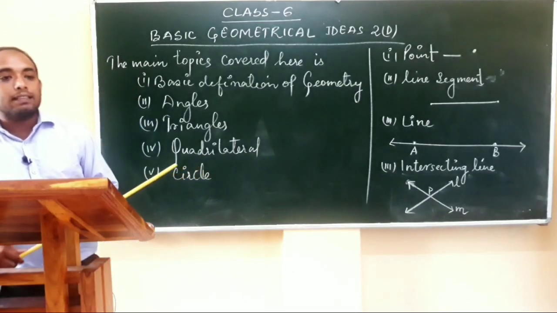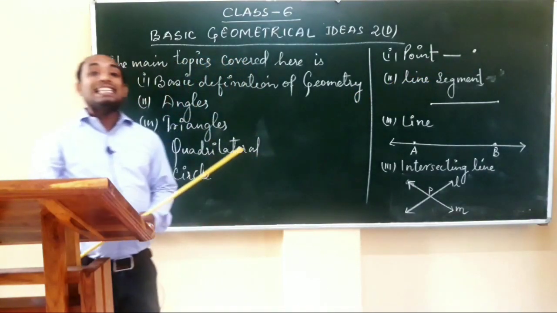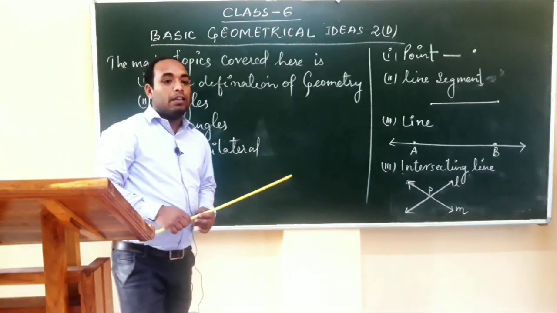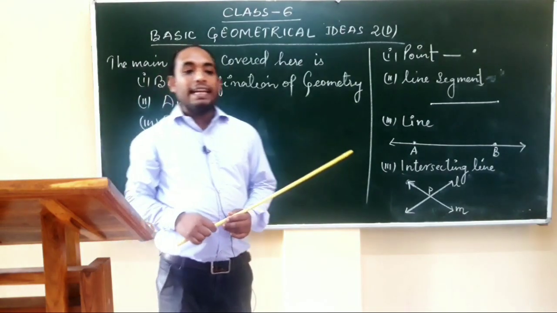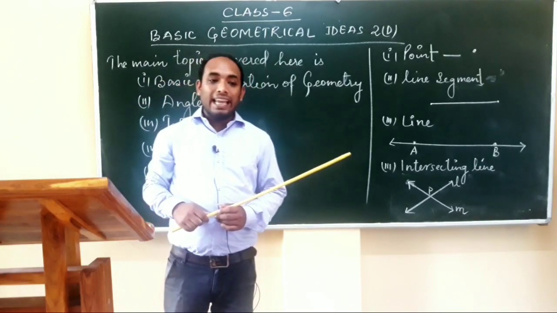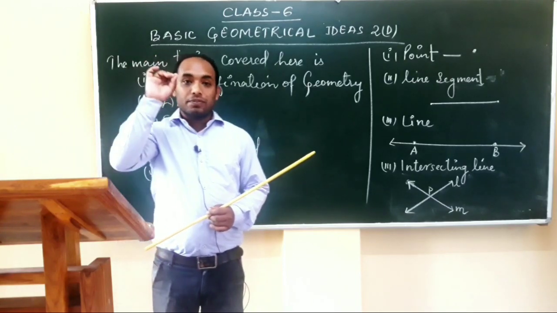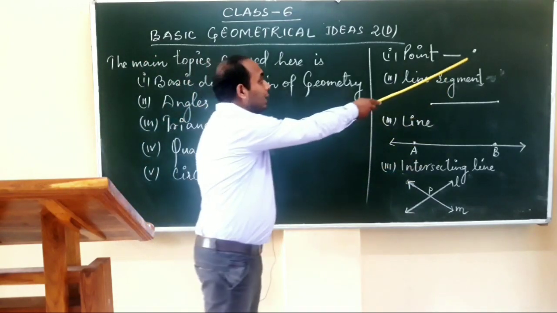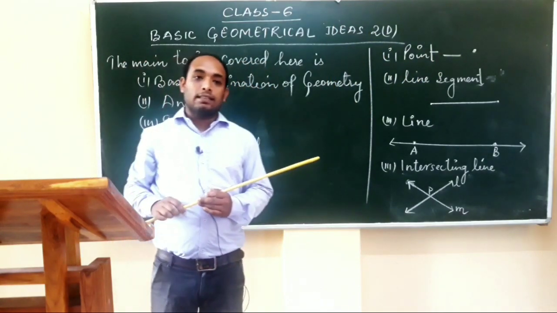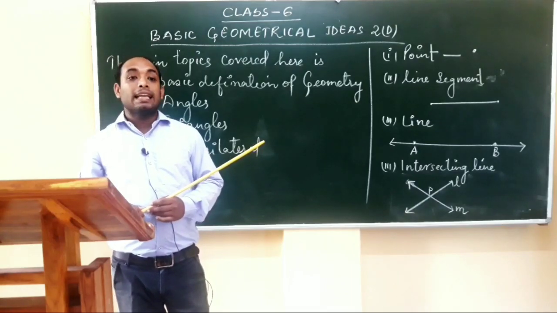Point is nothing but a small dot. For example, if you wanted to locate some place on a paper, take a paper and take your pencil, make it sharp. Now put a fine dot on the paper, so this dot locates some place on the paper.